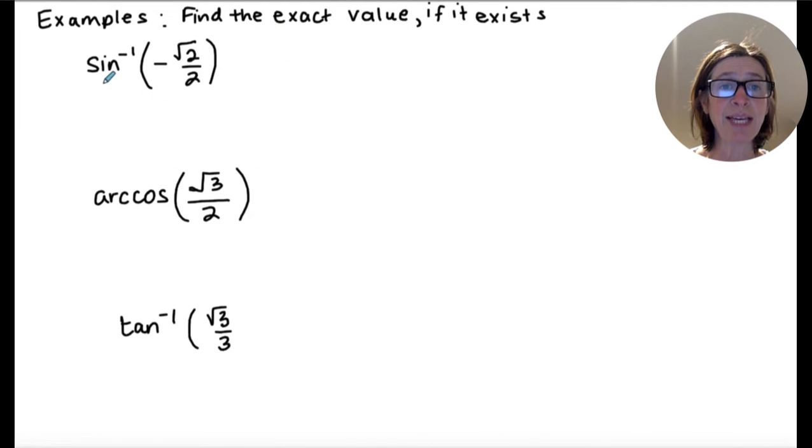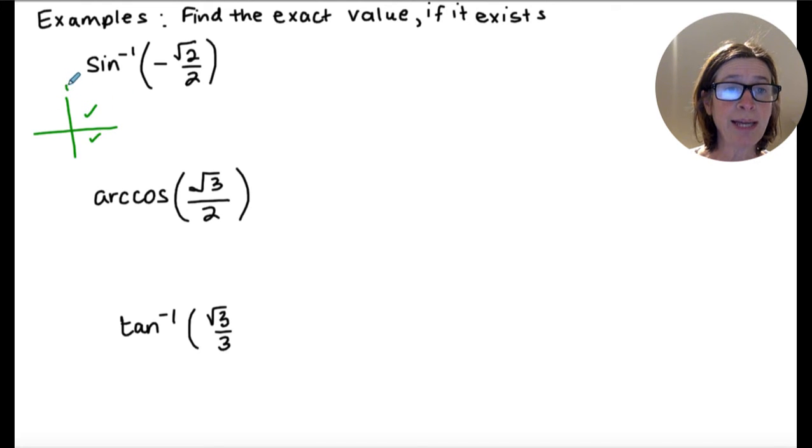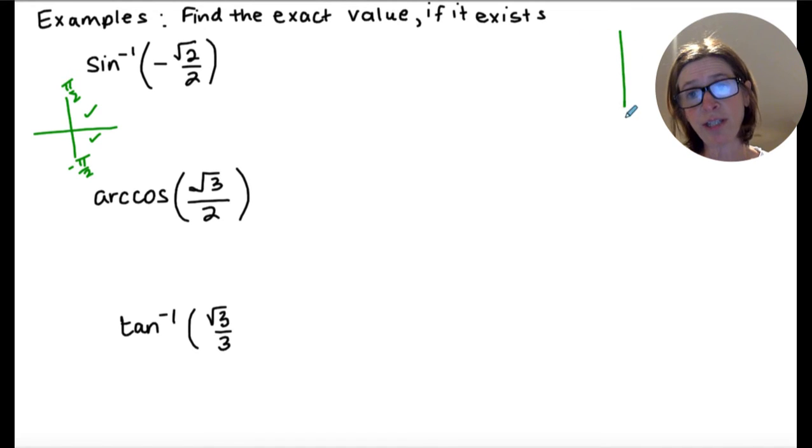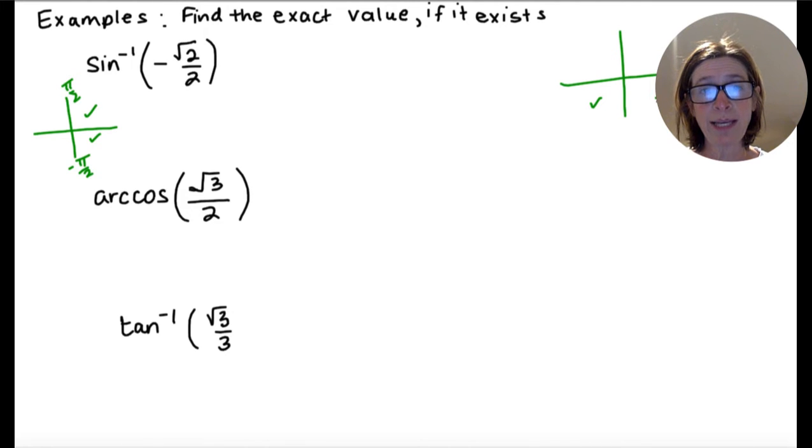Here we have the inverse sine of negative root 2 over 2. Let me quickly draw that: sine is going to occur between negative pi over 2 and pi over 2. The sine function is negative here and here, so when I'm trying to find its value, I can't be looking at quadrant 3.